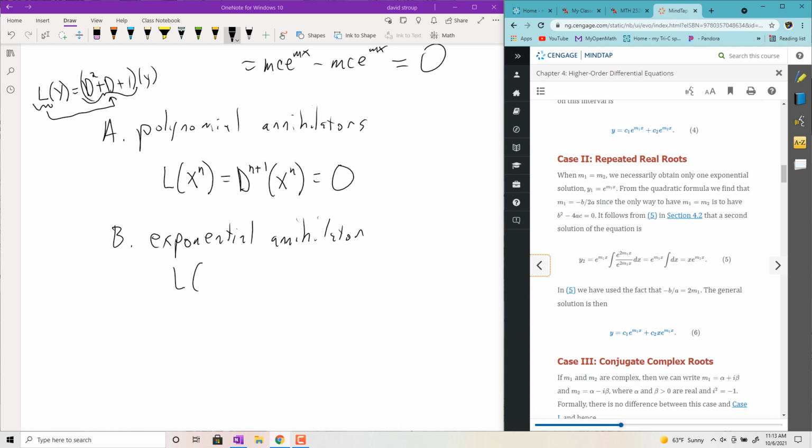So we also want to annihilate the x part of it, whatever that may be. Let's write x to the n times e to the mx. To annihilate an object like that, we have to go d minus the exponent m, and then depending on the number of repeated roots, we keep applying the differential operator. So you could put this to the n plus 1, and applying that to this expression, you'll get 0.